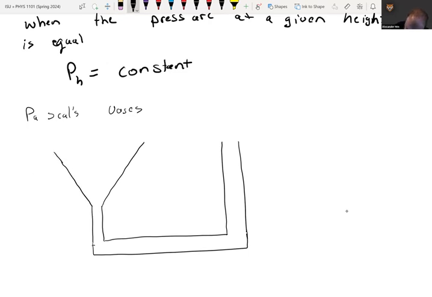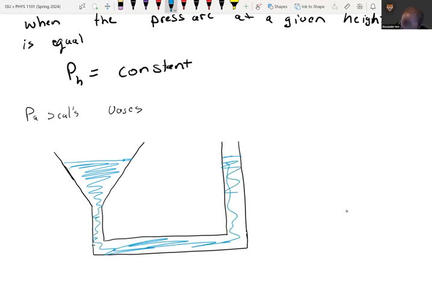The idea is that when these are in equilibrium, you will have water at the same height. It could be any fluid, but these two sides have the same height of water. You might think, well, that's obvious. Well, it's not so obvious.